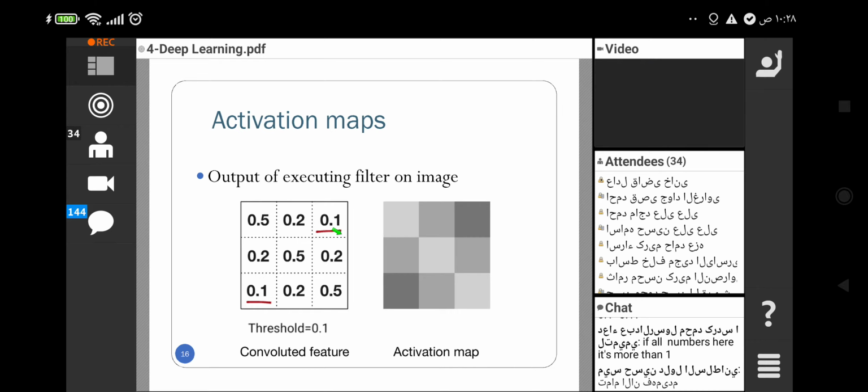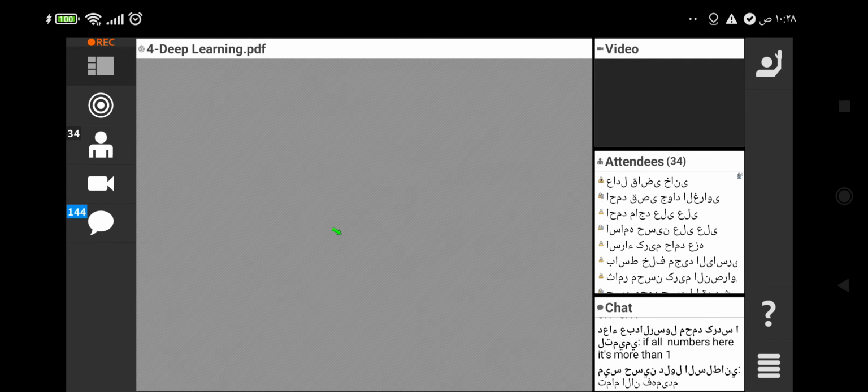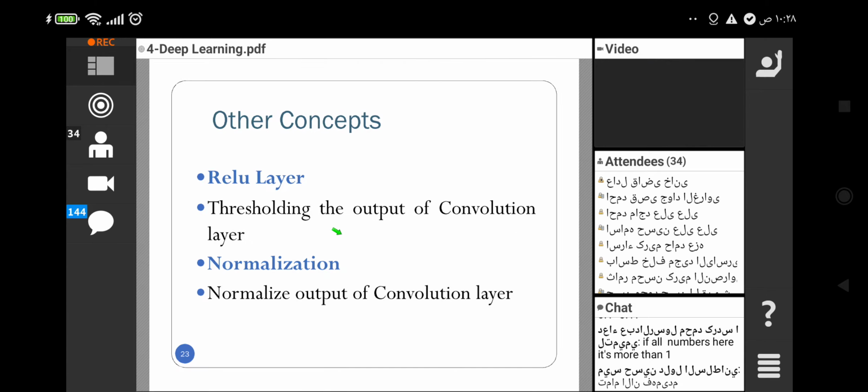Okay, one point about these two layers, the ReLU layer and the normalization layer. This is very important. In these two layers, we don't have any weights. We don't have any learning in the ReLU layer or the normalization layer. It is just an operation. In the ReLU layer, we are doing an operation.